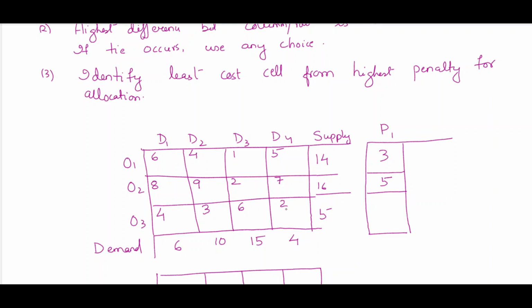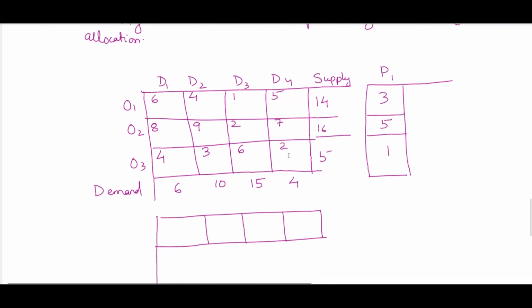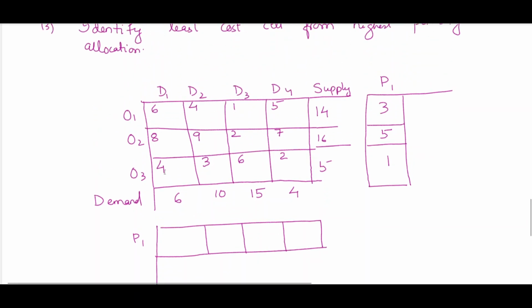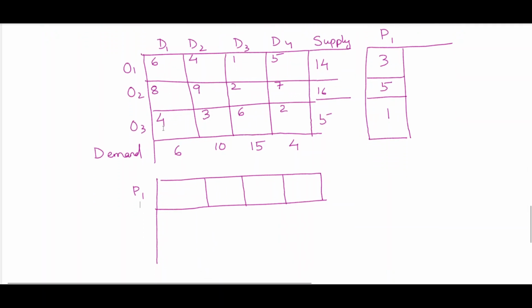Then 2 and 3 gives 1. Column-wise, 4 and 6 difference is 2, 3 and 4 is 1, 1 and 2 is 1, and 2 and 5 is 3.